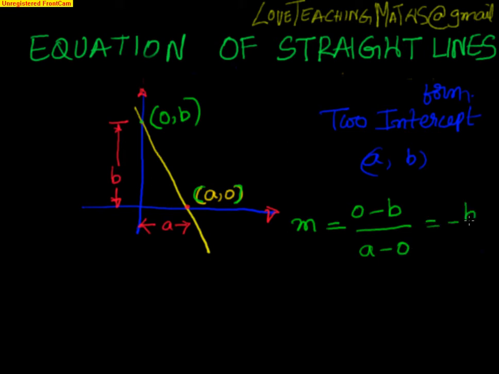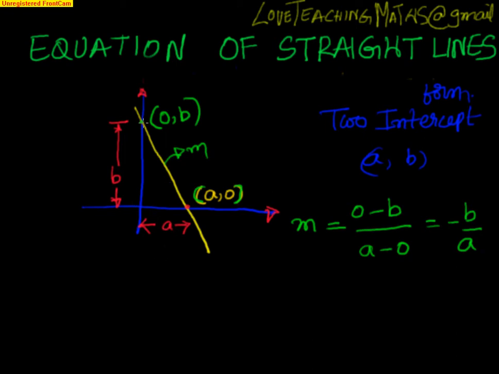That's nothing but minus b by a. Now, just forget about what's happening here and only look at this. You know the slope now, because we have just found that slope equal to minus b by a, where a and b are my x and y intercepts respectively.